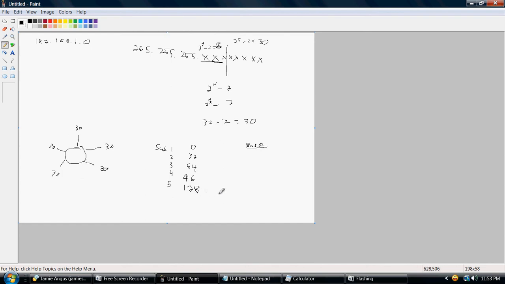So subnet 4, the network IP range would be 97 to 126. This portion would be 64, so this would be 63. And the IP portion would be 33 to 62.